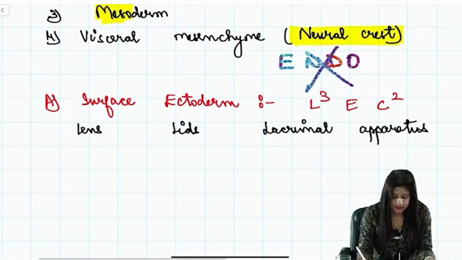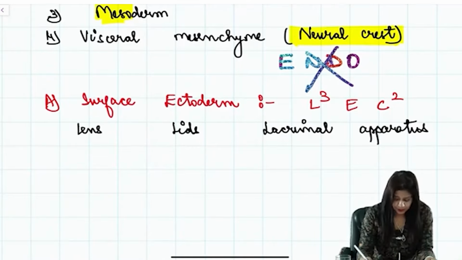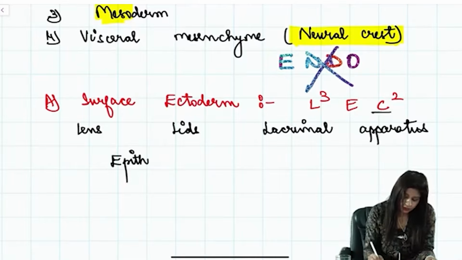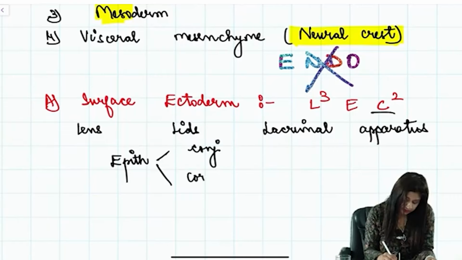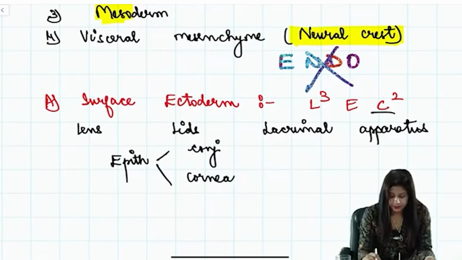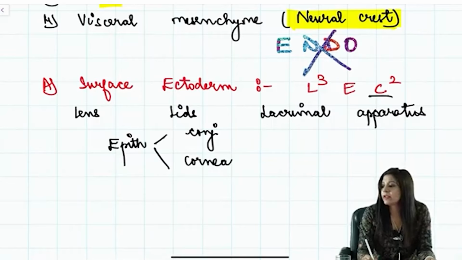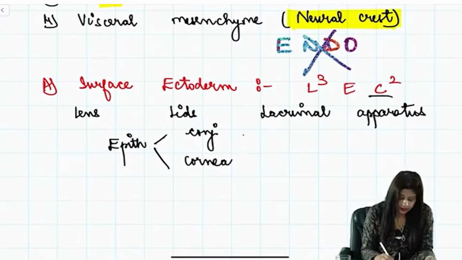L for lens, L for lids, L for the lacrimal apparatus. Then E for epithelium, and twice C, C for conjunctiva as well as C for cornea. What is the type of epithelium in cornea and conjunctiva? Non-keratinized, stratified, squamous.